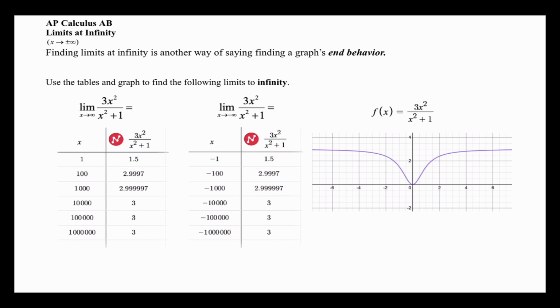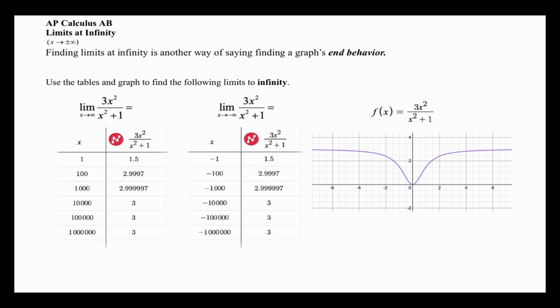Plug in the number, right? What's the problem with plugging in a number? Yeah, we can't plug in infinity. Infinity is an idea. I can't put infinity into my calculator, right? So we've got to think of another way. That's what we're going to do today.